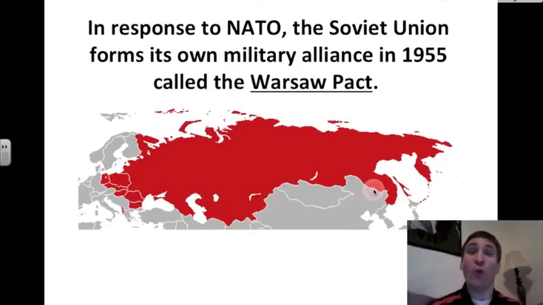Well, if the West is to have an alliance, the Soviet Union is to as well. In response to NATO, the Soviet Union forms its own military alliance in 1955 called the Warsaw Pact. So here's the Soviet Union and its vast land, and here are the other Warsaw Pact countries, which are largely Eastern European countries.